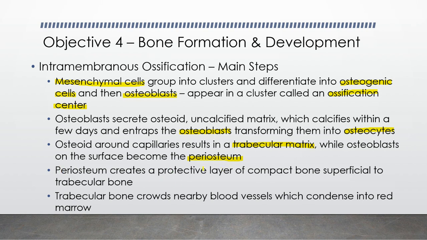So that periosteum is going to create that protective layer. We're going to have compact bone forming. Remember, the compact bone is going to be superficial. It's going to be on the outside. That spongy bone or trabecular bone is going to be on the inside. And then inside, where we have the trabecular bone, it's going to crowd around blood vessels, and it's going to become your red bone marrow.